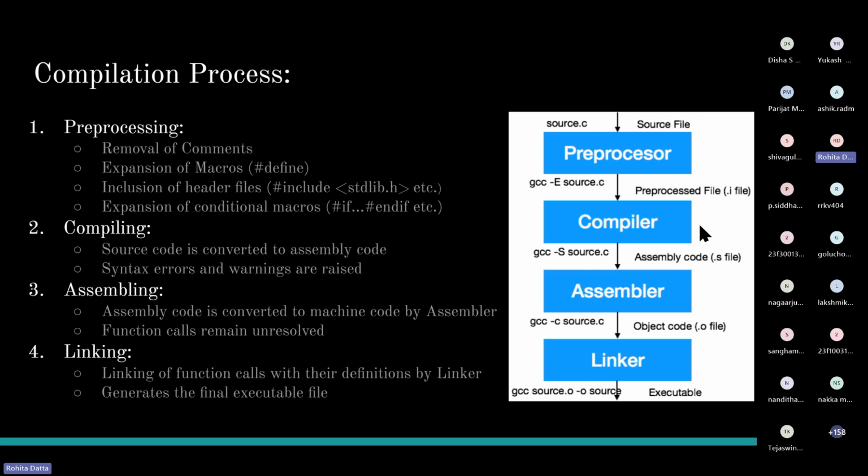After this, your file is almost ready to be executed. There are some other things that still need to be done. Suppose you have two files that you're compiling together, and the definition for a function that you're using in one file is not included in the other file. A linker's job is basically to include all these definitions, and also all your standard libraries.